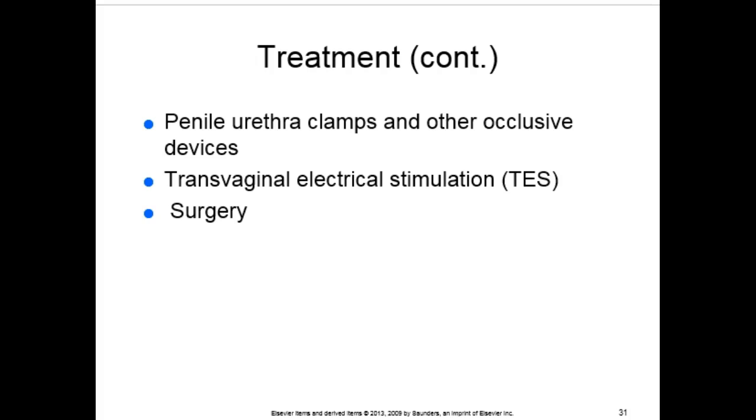For a pubovaginal sling placement, a low transverse incision is used to correct stress incontinence in women. There's also an artificial sphincter implant that's used commonly to correct incontinence for males, where a mechanical device is placed around the urethra to open and close it.